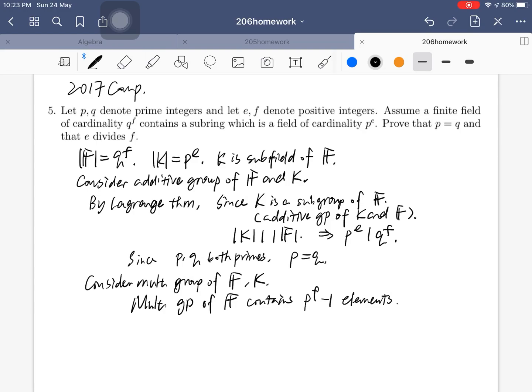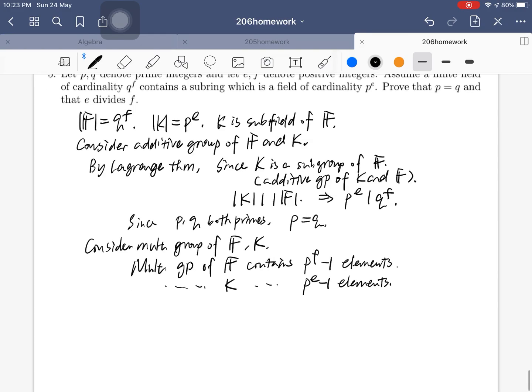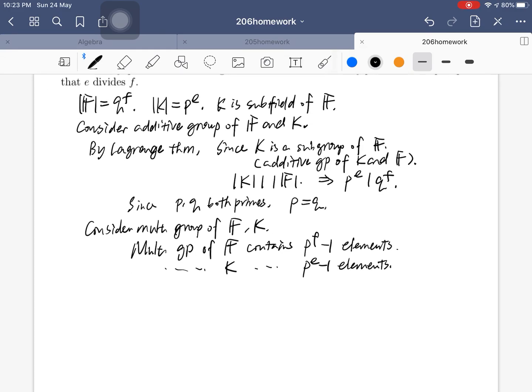So the multiplicative group of F contains P to the power f minus 1 elements, and the multiplicative group of K contains P to the power e minus 1 elements. If e divides f, then we are done.